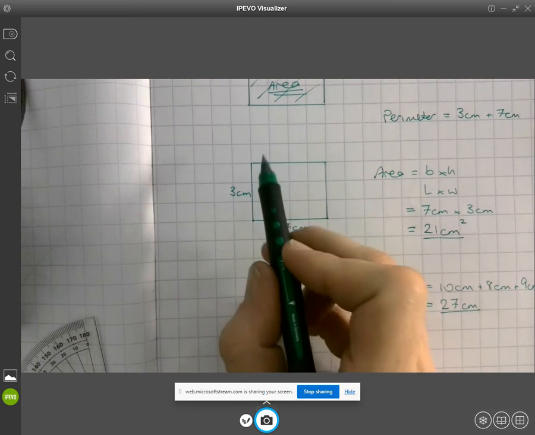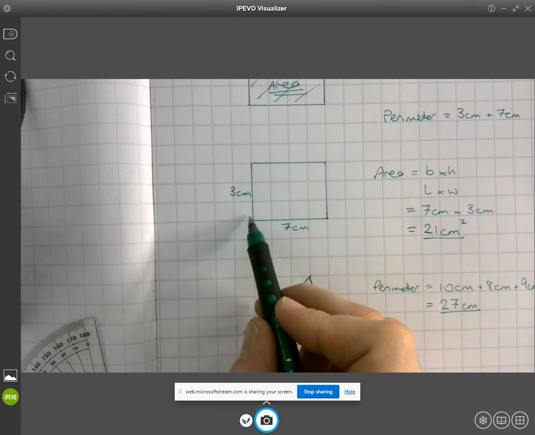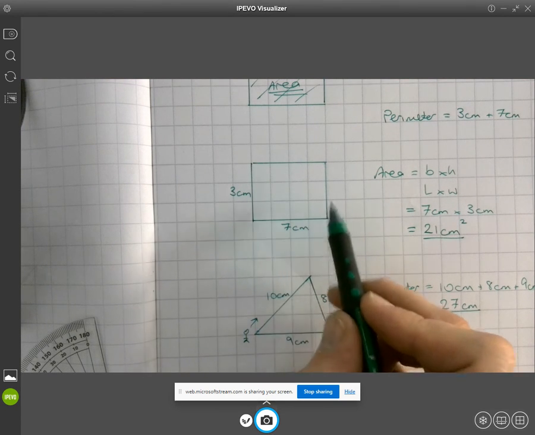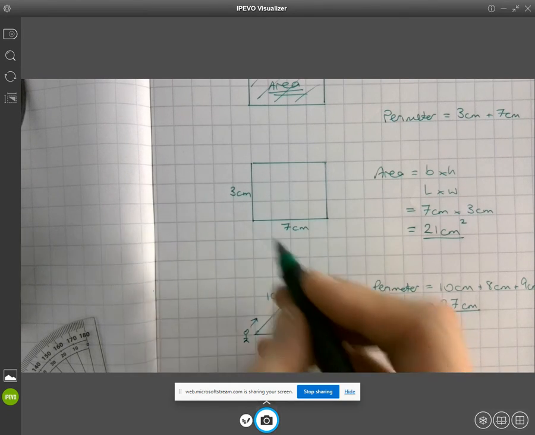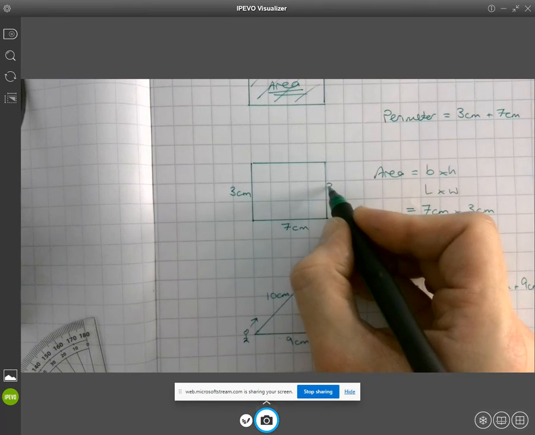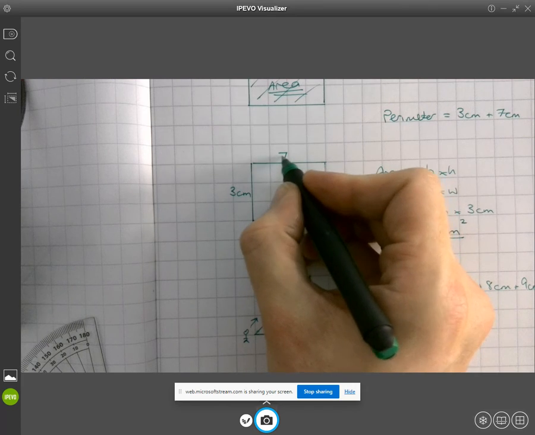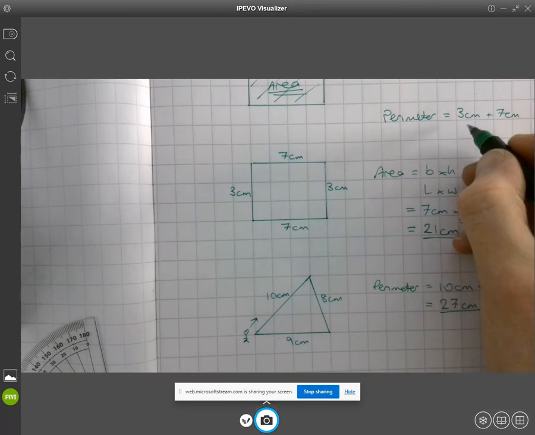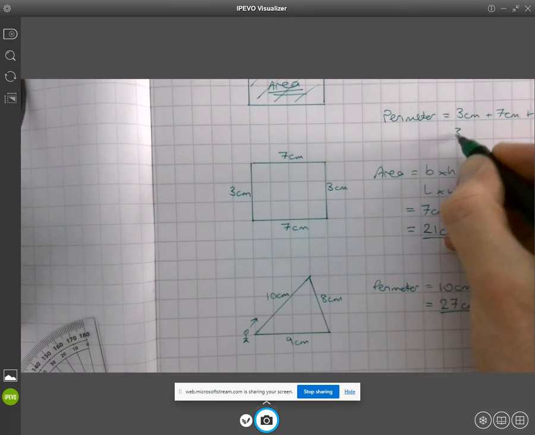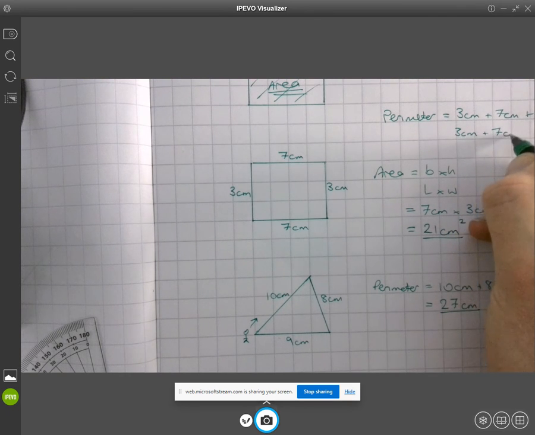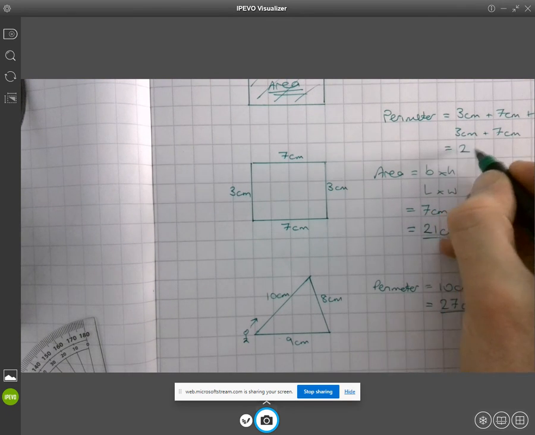The problem is, that's only got me from here to here. It's then acknowledging all the other sides that potentially haven't got the information written on. If that's 3, that's 3, and if that bottom was 7, that was 7. So actually I needed to add on another 3 and another 7, and so that one for completeness is 20 centimetres.